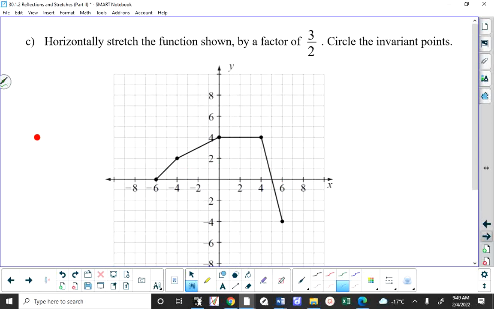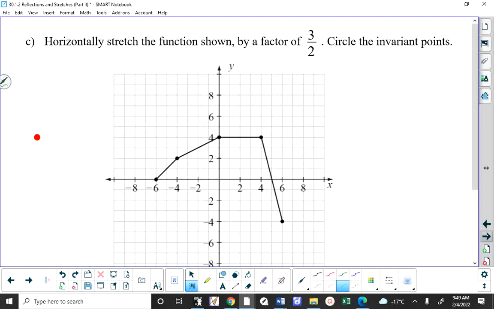Horizontally stretch this function by a factor of 3/2. So if we're going to stretch things horizontally, we're going to have to do so relative to the y-axis. Is it clear here that 3/2 is 1.5? Sometimes it's useful to think of decimals. So anything that is to the left of the y-axis will end up being 1.5 times further to the left.